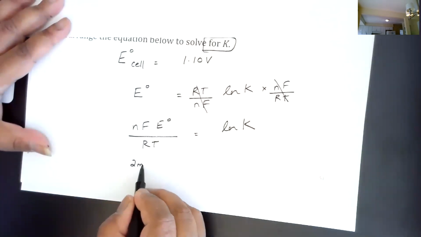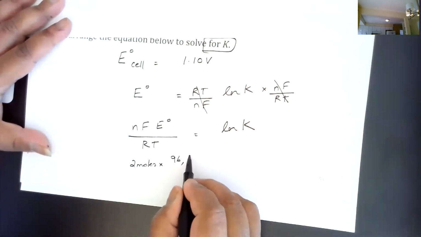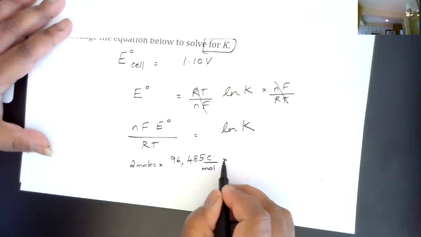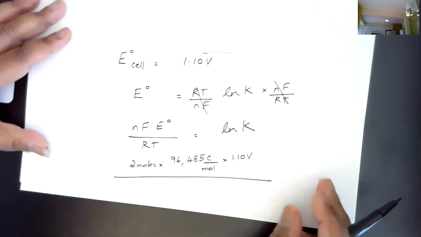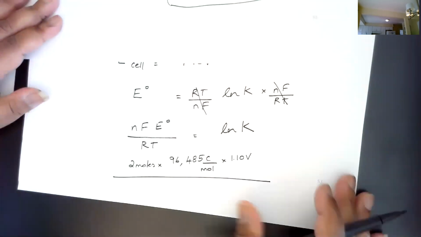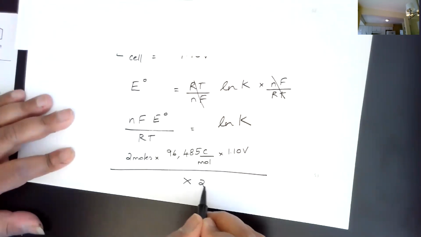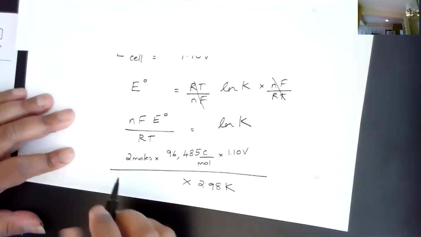n is 2 moles. F is 96,485 coulomb per mole. E0 is 1.10 volt. R. Which R must you use? The one that is like 8.3 something. Yes, very good.